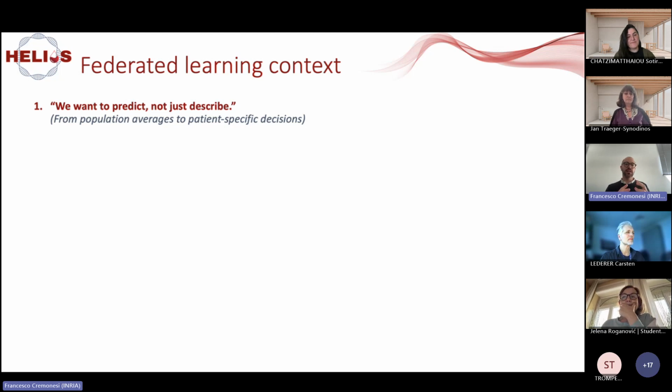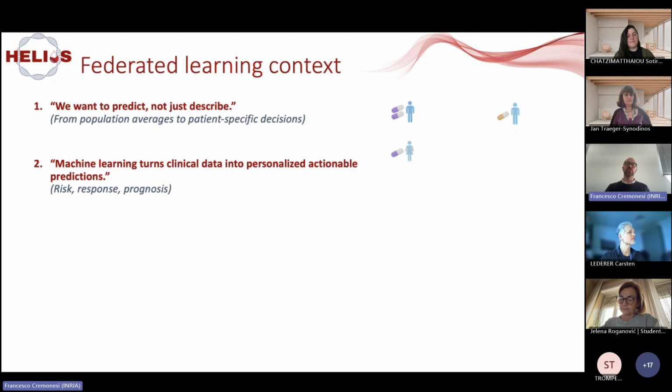So we want to be able to make predictions about a specific patient and not just describe the population in general. To achieve this goal, we turn to methods taken from machine learning or deep learning fields, rather than classical statistics.